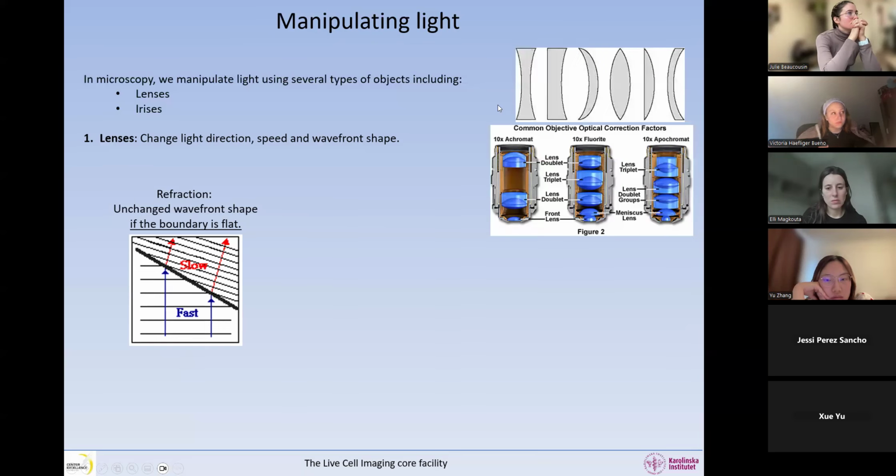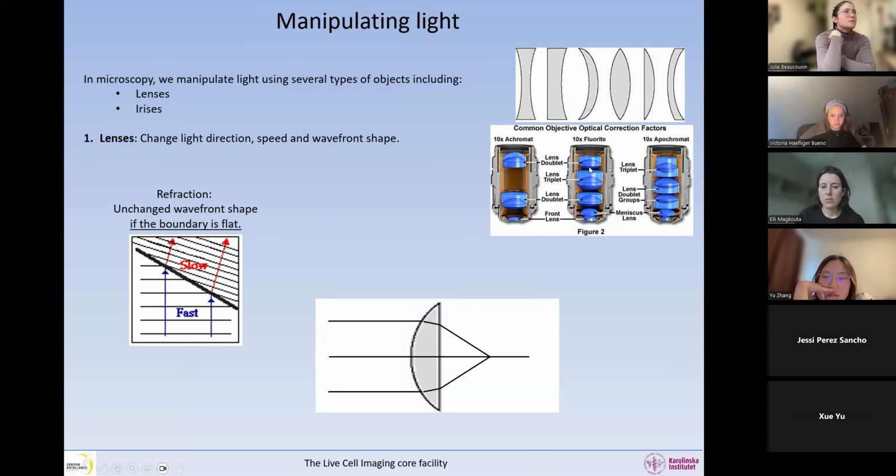But when we have a lens, they are never flat, or never flat on both sides at least. So they always have one curved side. And also we have a lot of lenses in an objective. So what happens then is, because it's curved, the wavefront is going to change shape.